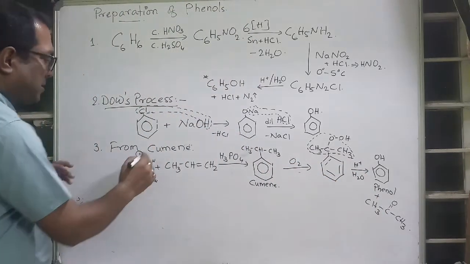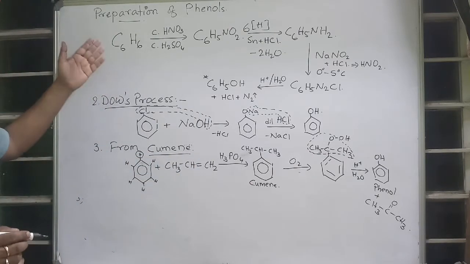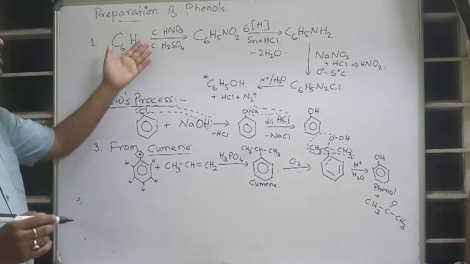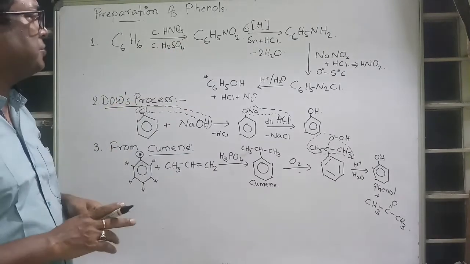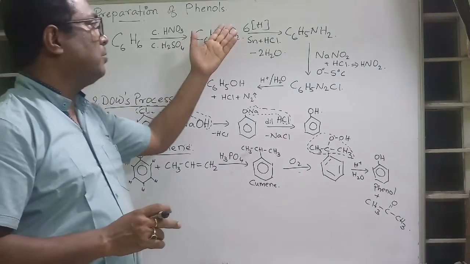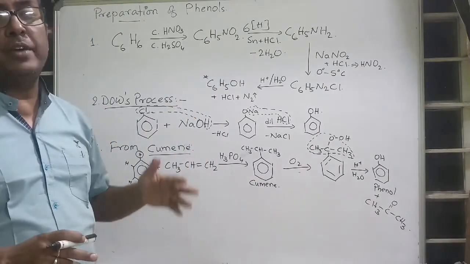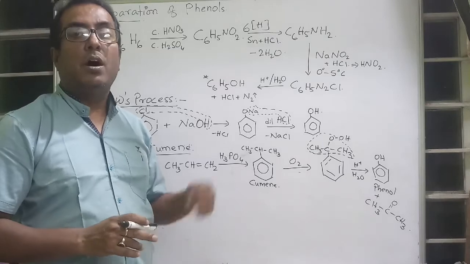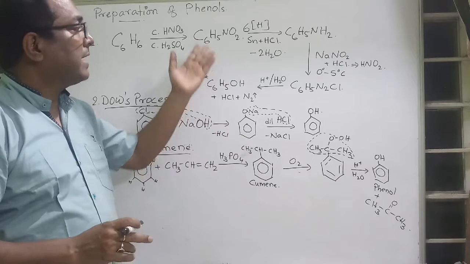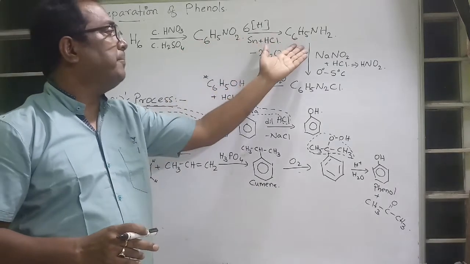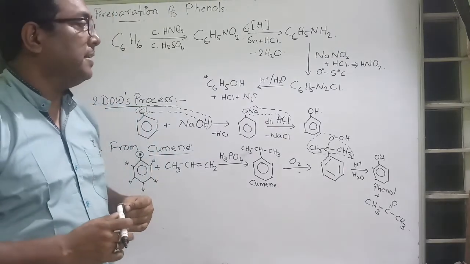So our processes of making phenol are only these three. First is from benzene. Benzene, when we treat with concentrated sulfuric acid and concentrated nitric acid, gives nitrobenzene. Nitrobenzene, when we go for reduction with Sn/HCl, or zinc and hydrochloric acid or lithium aluminum hydride, any such reducing agent, gives aniline.